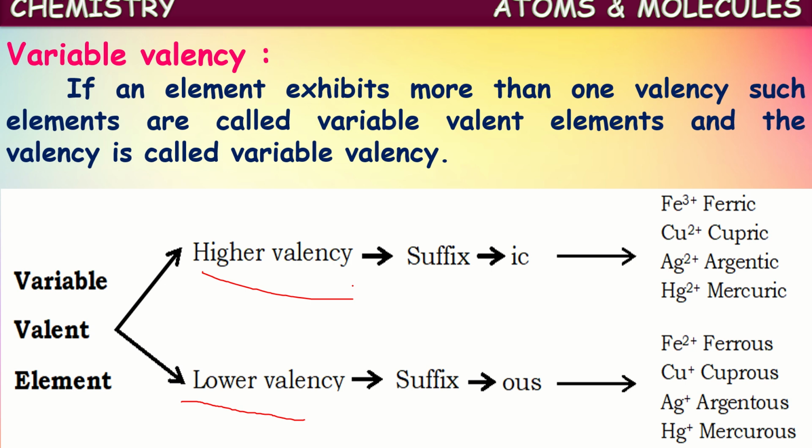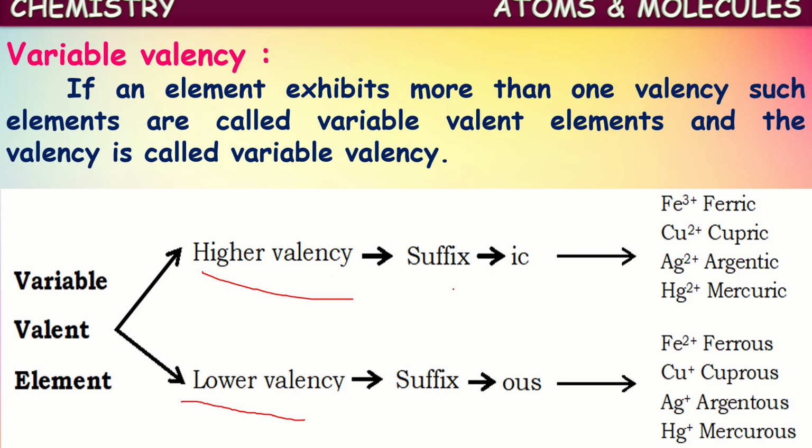If higher and lower valencies are exhibited by a single element, the end of the name of the element is suffixed with what? Ik, and as. If lower valence is there, as. If higher valence is there, ik.